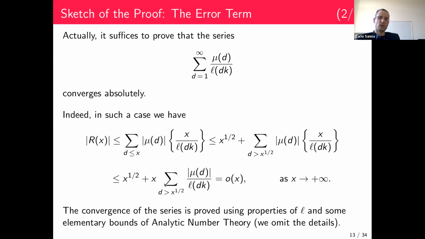And then, using the absolute convergence of the series, the last series is the tail of an absolutely convergent series, and so it goes to 0, and we get that the other term is a little o of x.